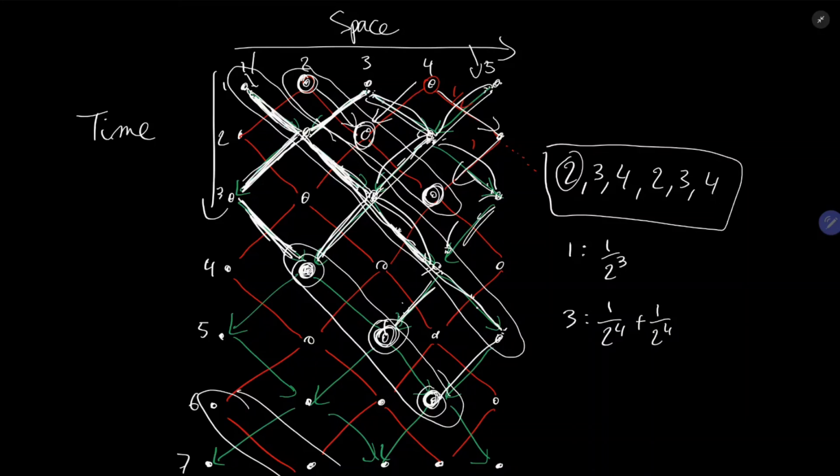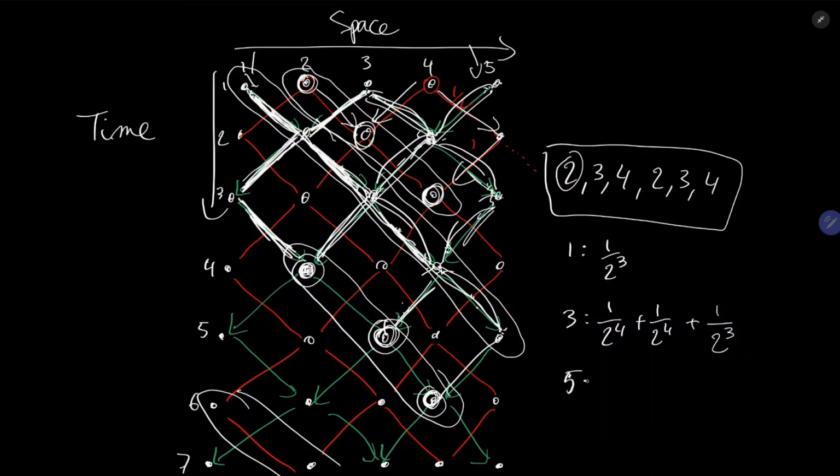Or we can use that path, 1, 2, 3, 4. So 1/2, 1/2, 1, 1/2. So plus 1 divided by 2 to the power 3. And a priori, that's the only other path that we can take from hole number 3.